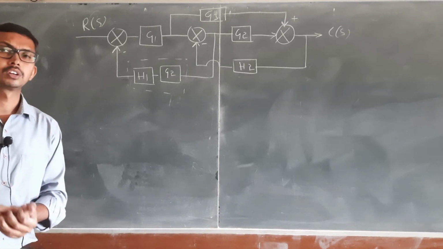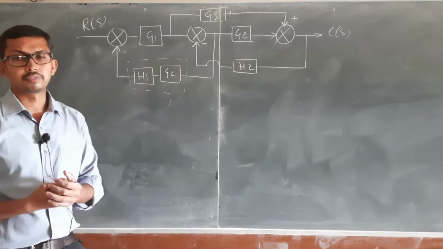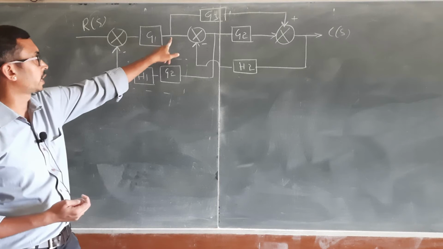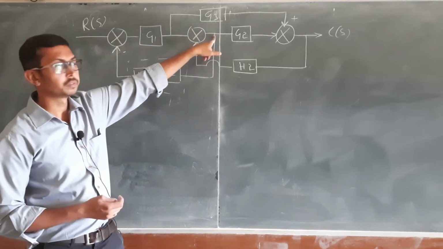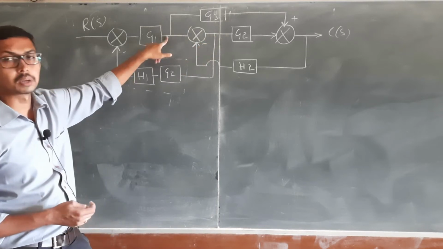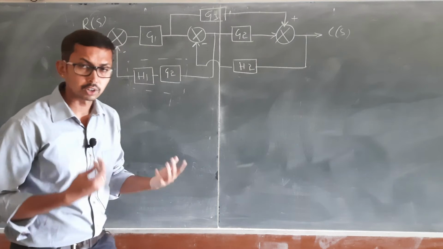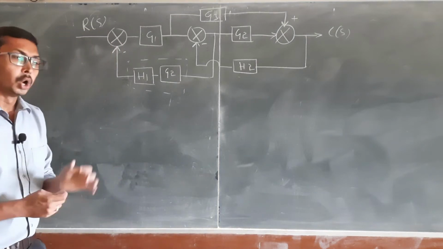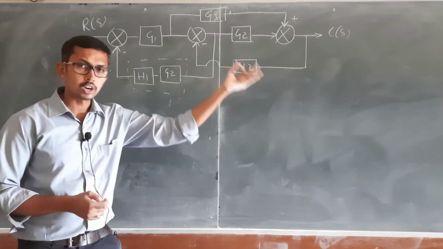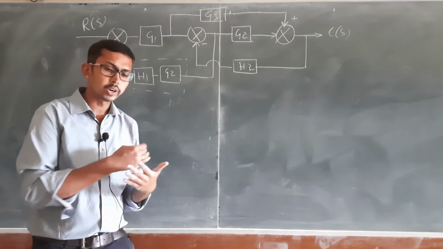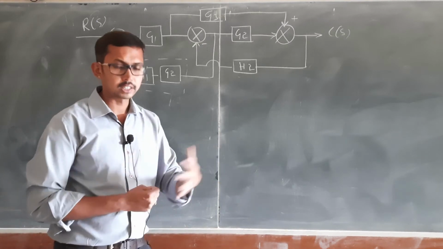We can apply different critical rules at different times. So I can shift this takeoff point after the summing point, or I can shift this takeoff point before the summing point, and I can also shift here and there. That one also I can do. But we need to select in such a way that if we shift one or the other, we reduce the given block diagram, or else we are simply applying rules and it will get late, right?